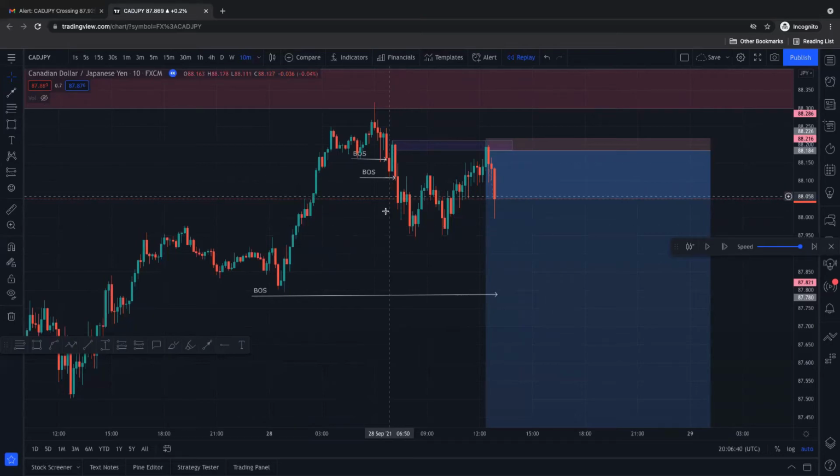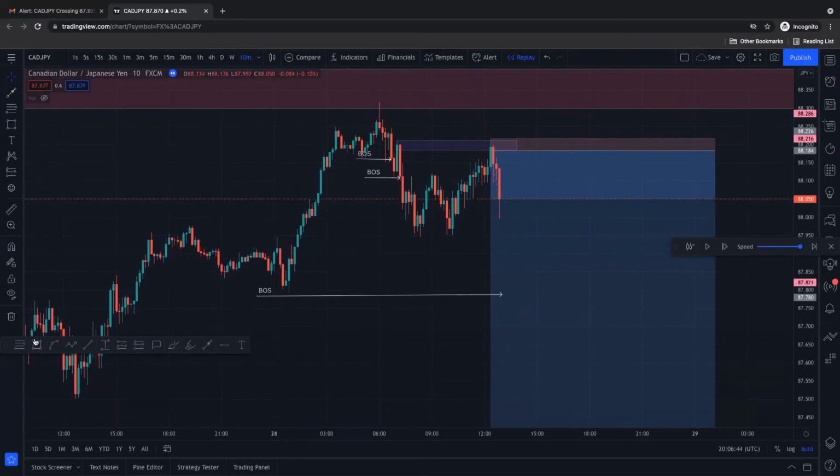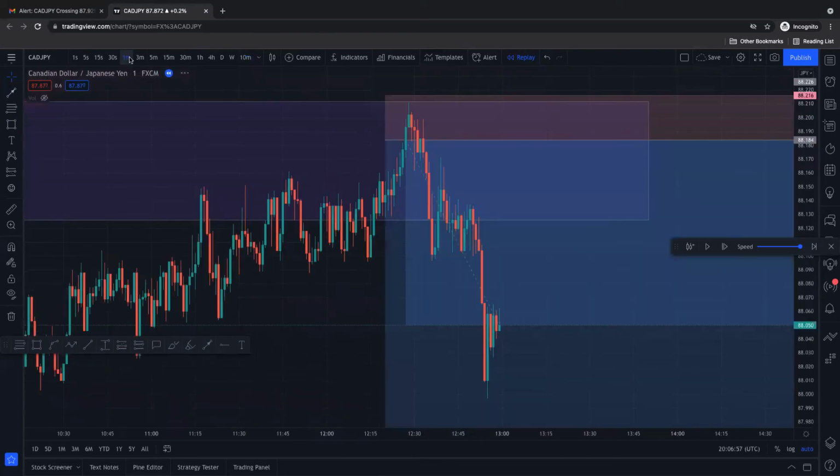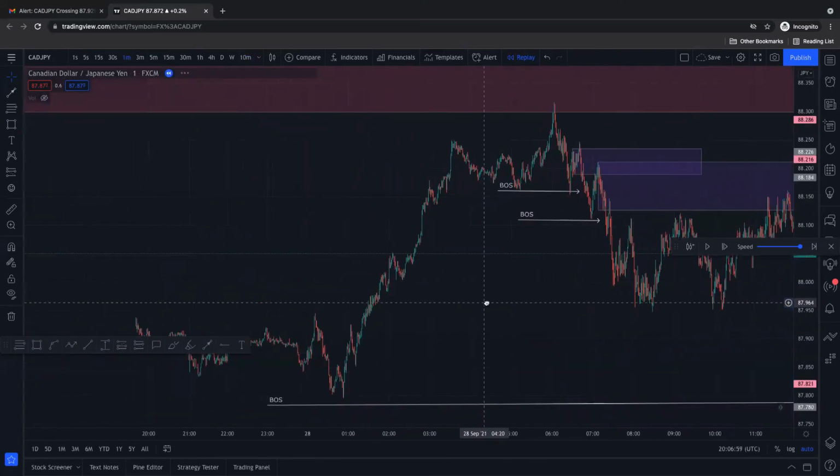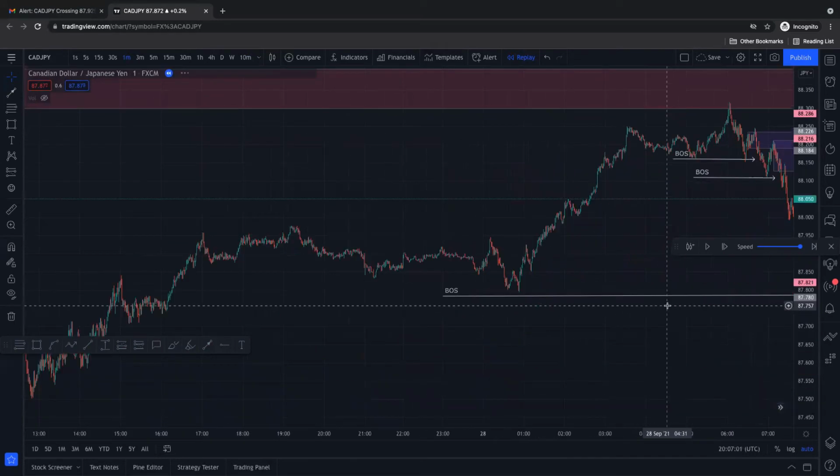So we have two order blocks over here. Order block one is this one, which breaks the first structure. And the second one is this one, which breaks the second structure, right? So I went to, I think, 1 minute to refine this thing, right?